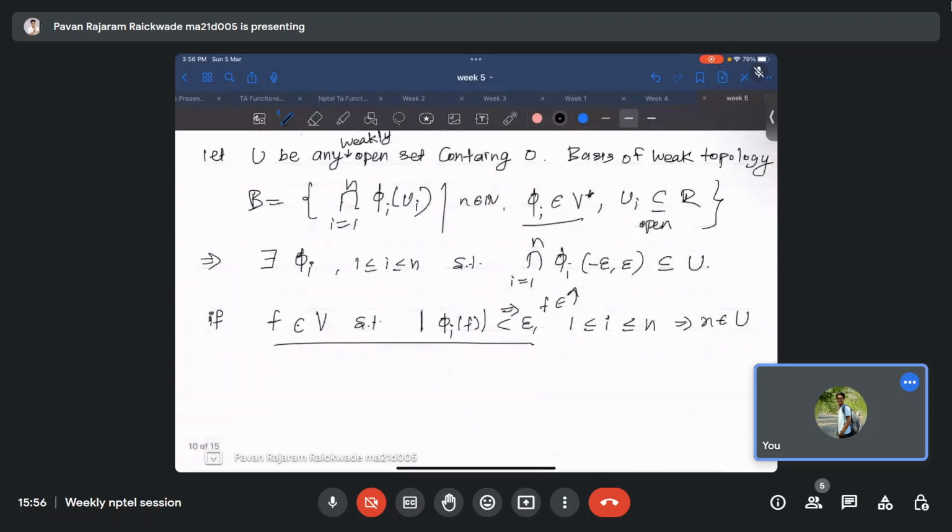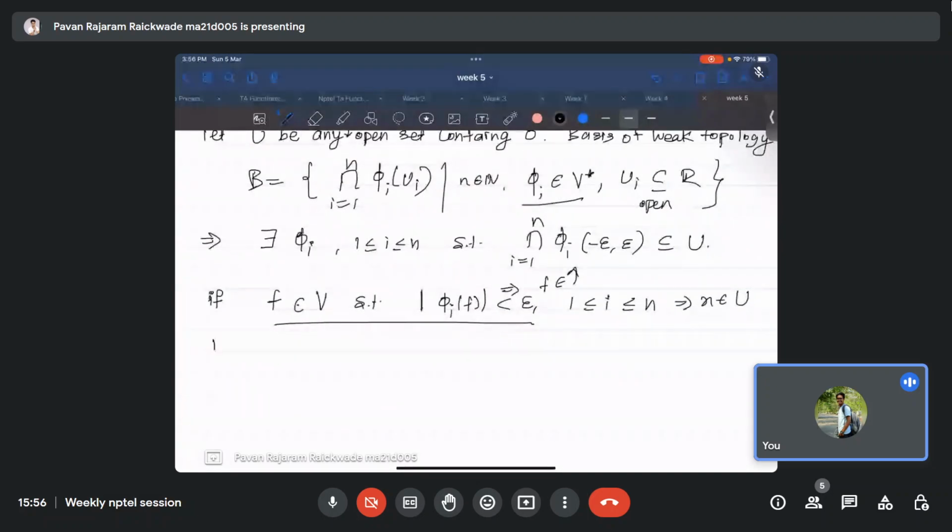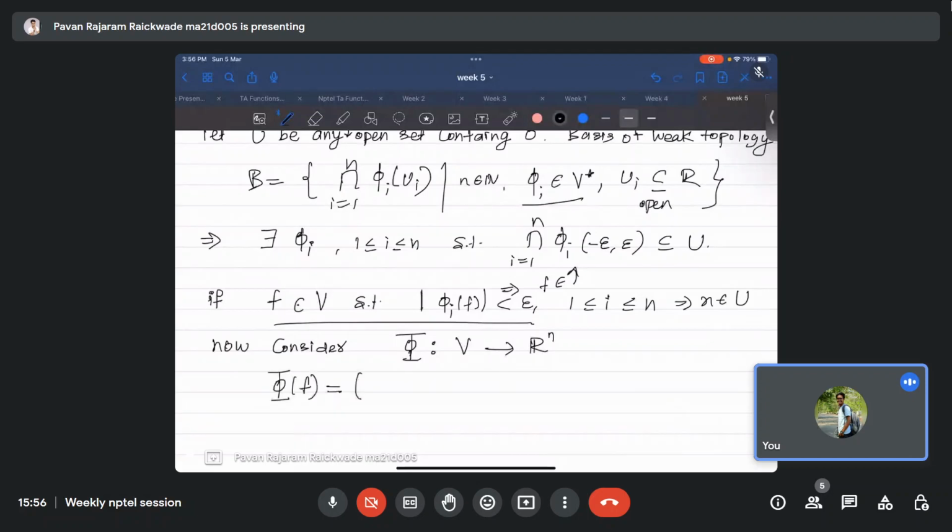Now, consider a function, capital phi, a linear functional from V to R^n given by phi of f equals phi_1 of f, phi_2 of f, up to phi_n of f.